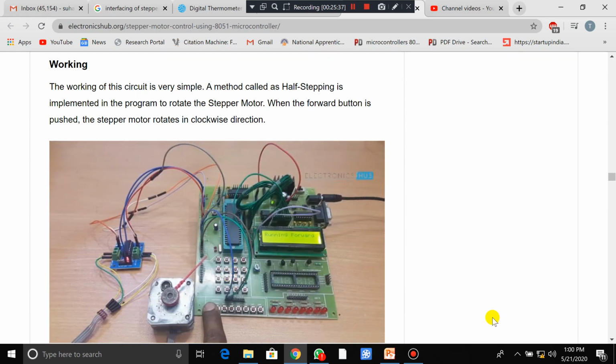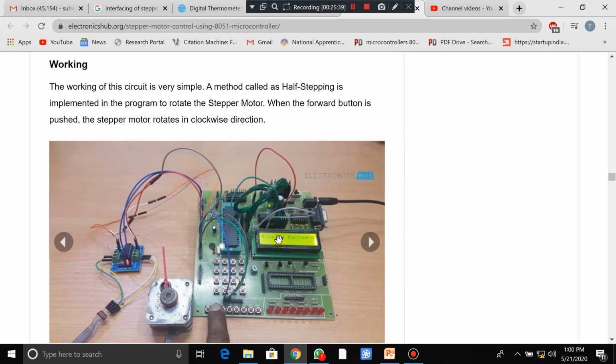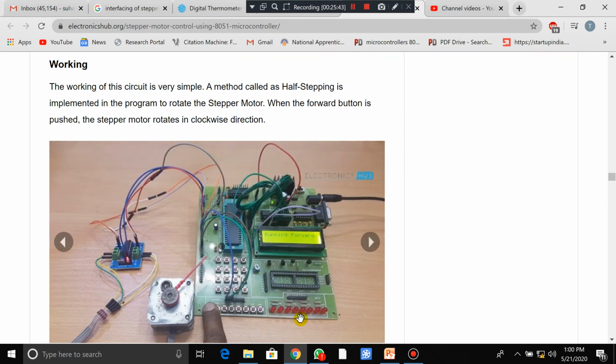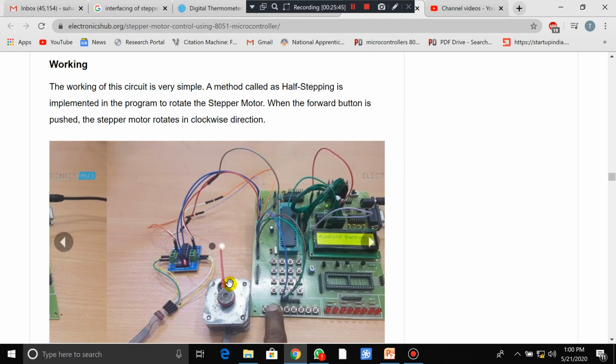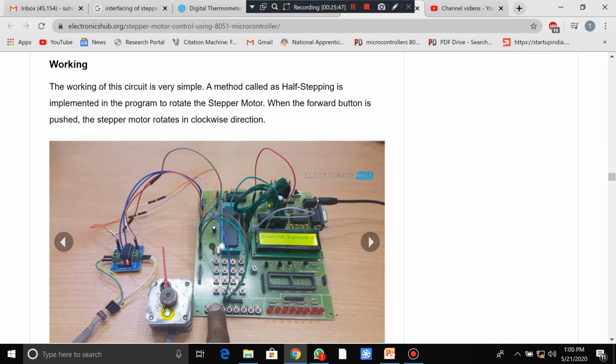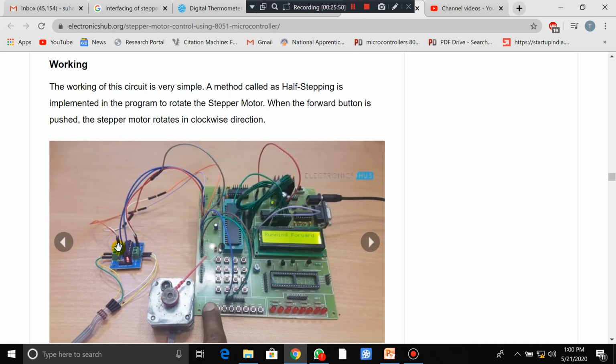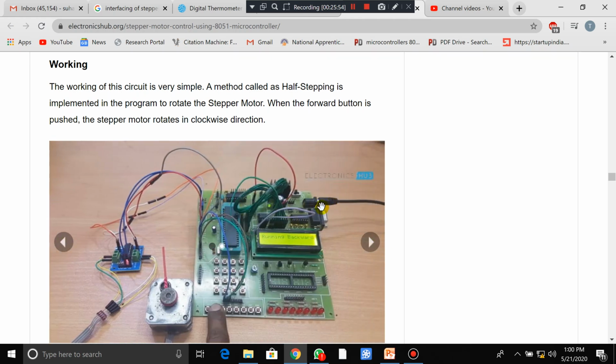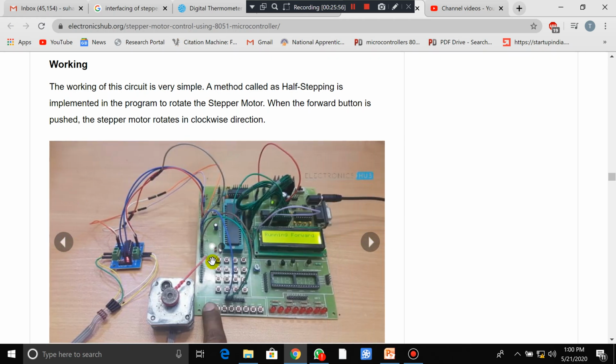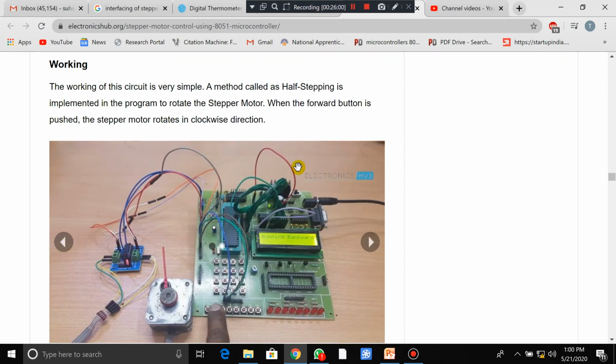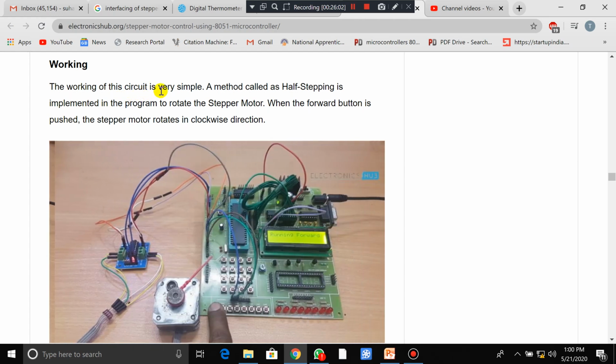Here in this diagram you can see the LCD display and microcontroller board. These are LEDs, these are keyboards, this is the stepper motor, and this is the stepper motor driver. We give a 5 volts power supply from an adapter, and the code is dumped into the microcontroller. How does the process actually work? The working circuit is very simple.